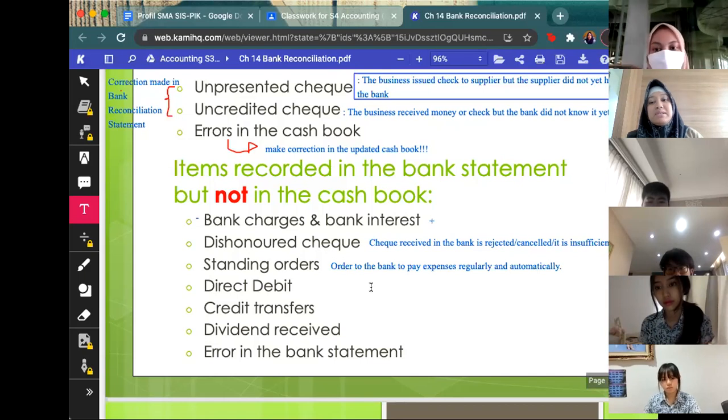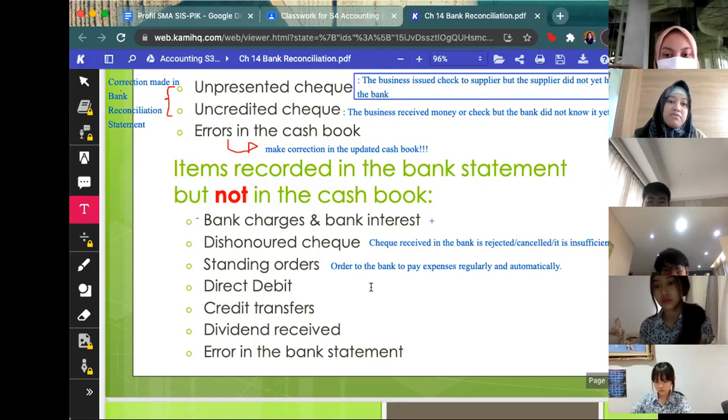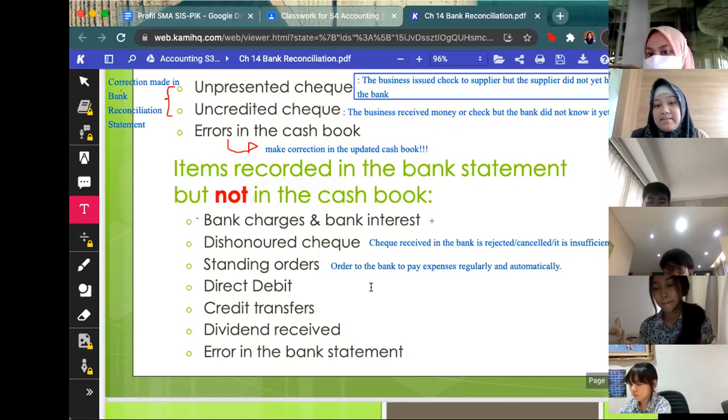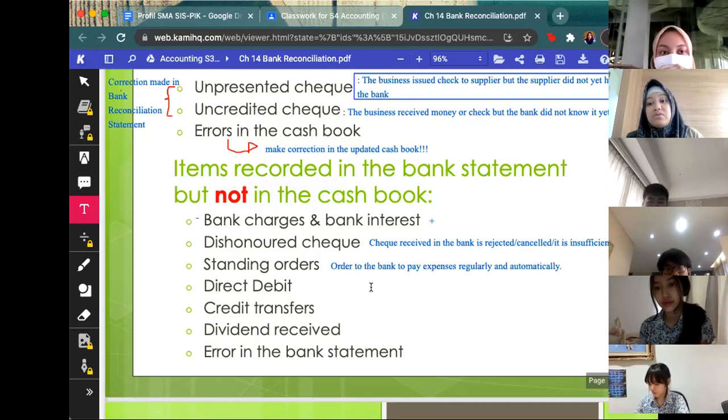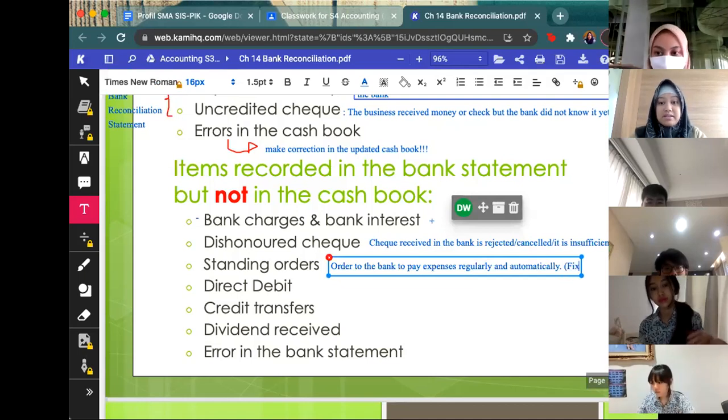Since Putih is a business using the business number, and the payment of the phone bill is always the same every month, let's say 150,000 or maybe 200,000 rupiahs, the bank will automatically pay that expense regularly every month without telling you. So it is called standing orders. And this is a fixed amount.